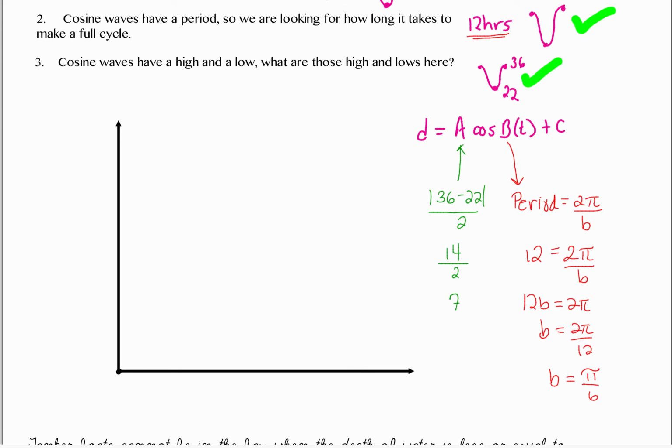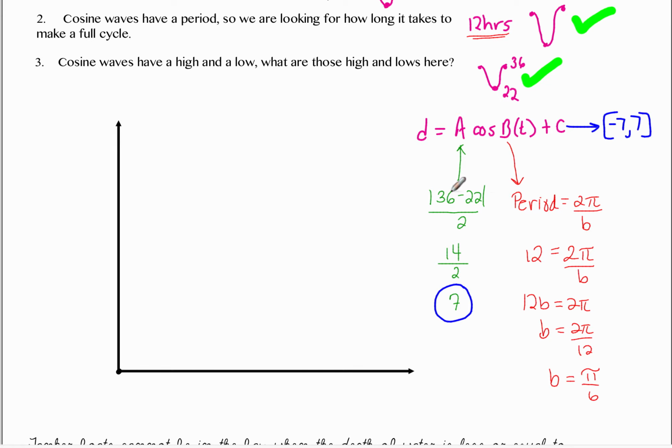And then our final piece, I may run out of room here to do it, is how far was the cosine wave shifted from mama? Well, we know that before we did any shifting, once we found this amplitude of 7, its normal range would have been from -7 to 7.